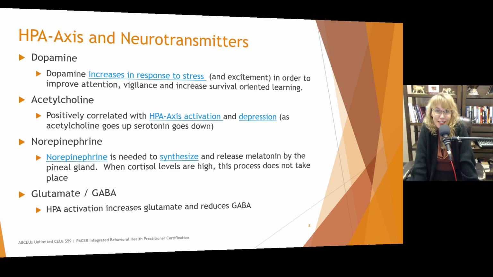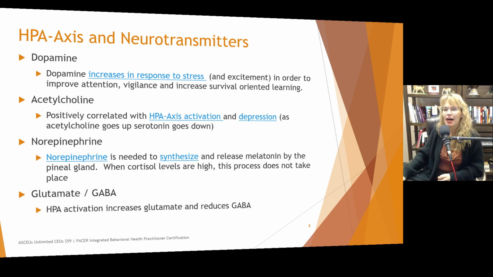Dopamine is a neurotransmitter that is involved in just about everything. Dopamine increases in response to stress and excitement. It is what you would think of as, I call it, the perseveratory neurochemical or the motivation neurochemical. It makes you want to do it again. It makes you want to keep doing whatever you're doing.